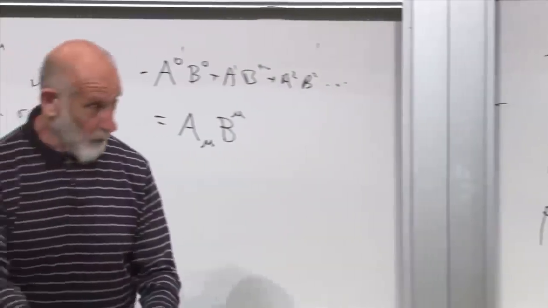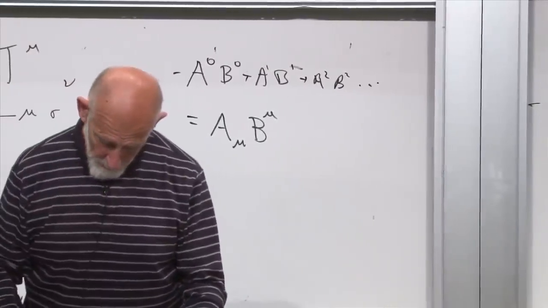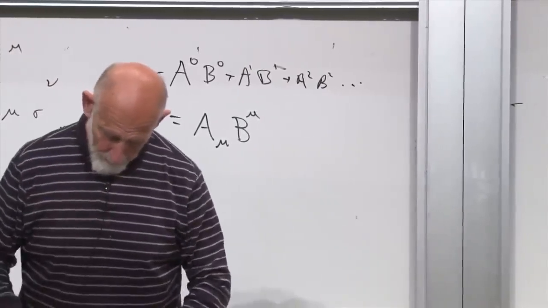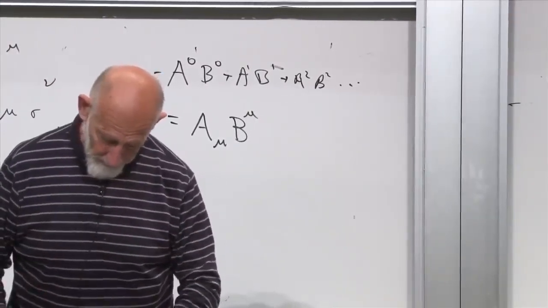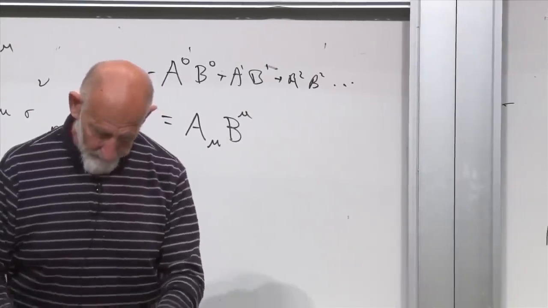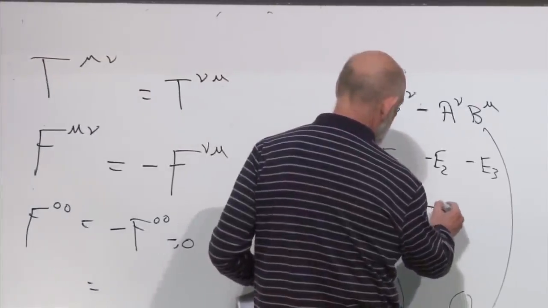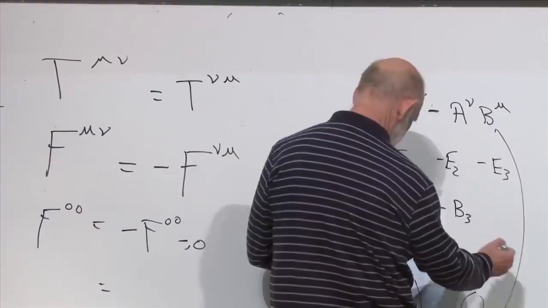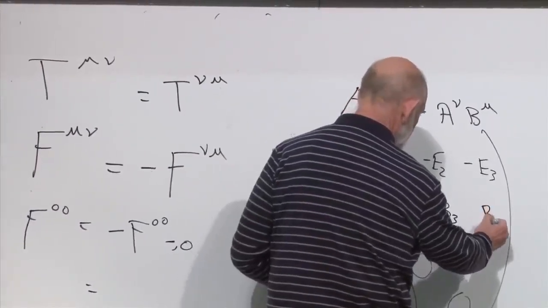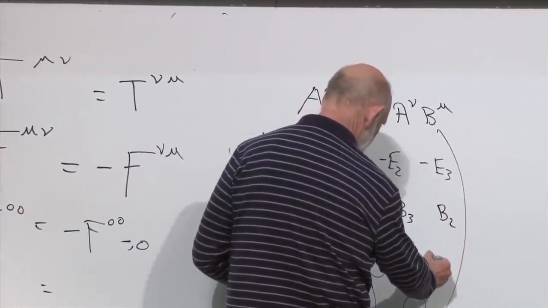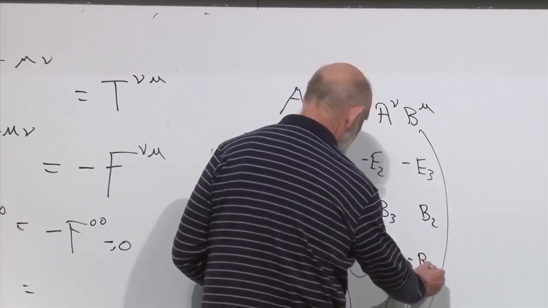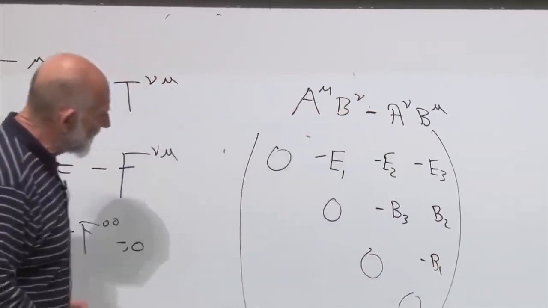These names are, of course, chosen for future purposes, but I'm just going to write them down now. They're just labels for now. Minus B3, B2, and minus B1.